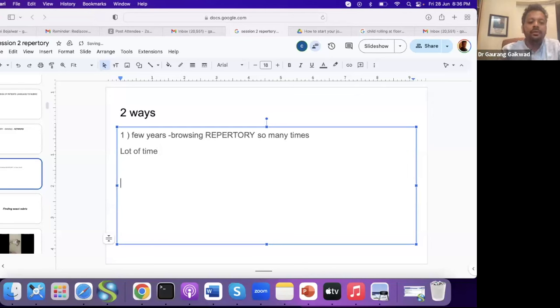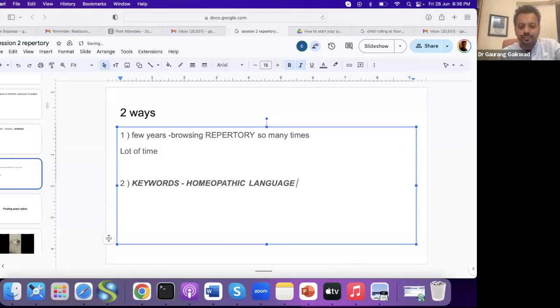What is the second thing to do? It is the technique which I told you about, to think about keywords. What could be the keywords you can think about? When I say keywords, you have to think about the homeopathic language of keywords.